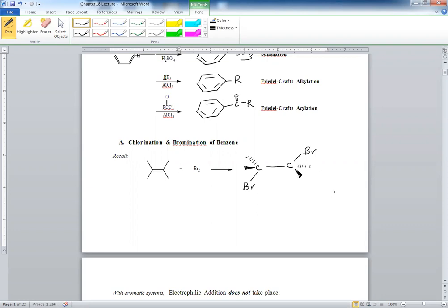So this was the product, is you had an anti-addition of bromine to the double bond in the alkene. So this was an alkene.